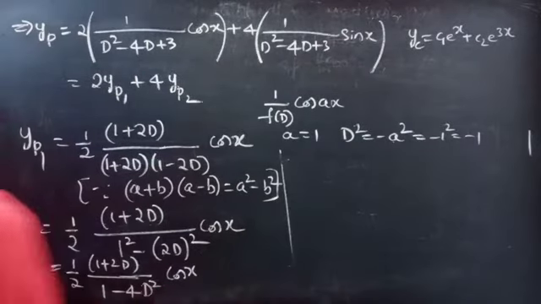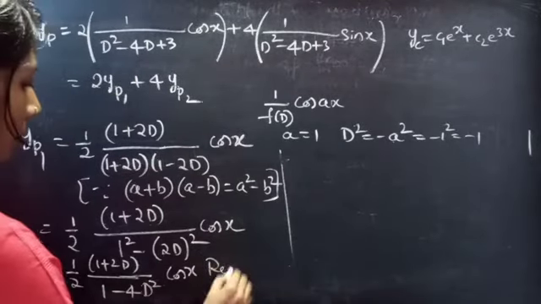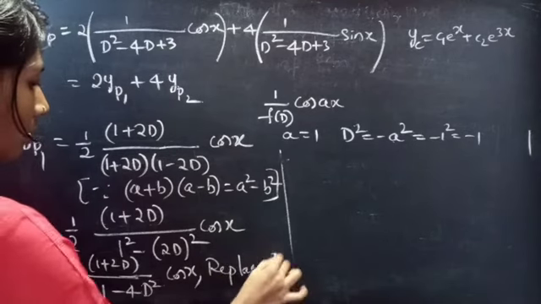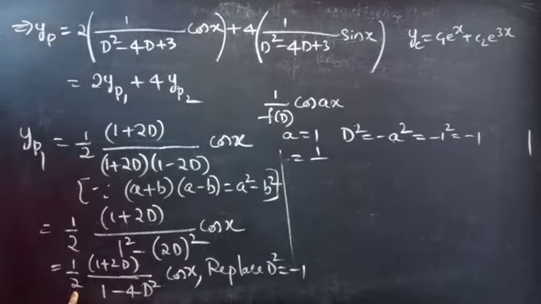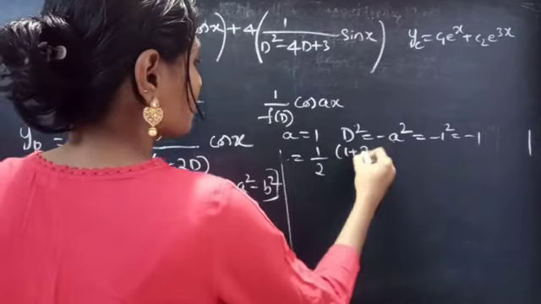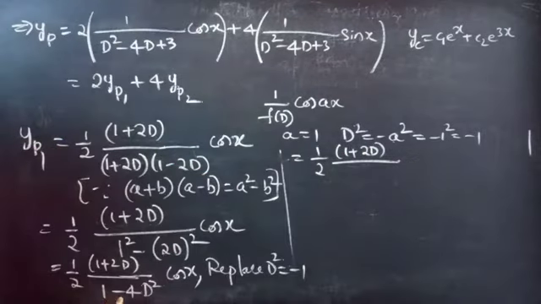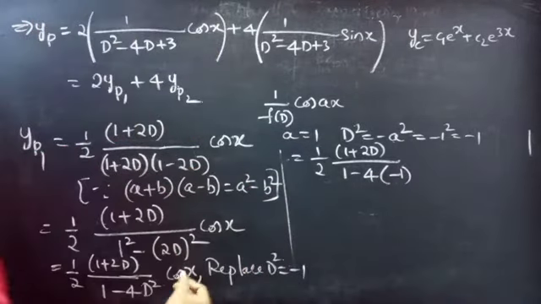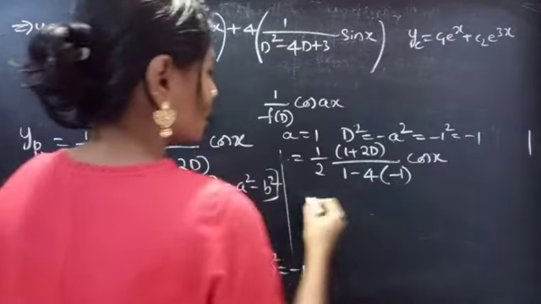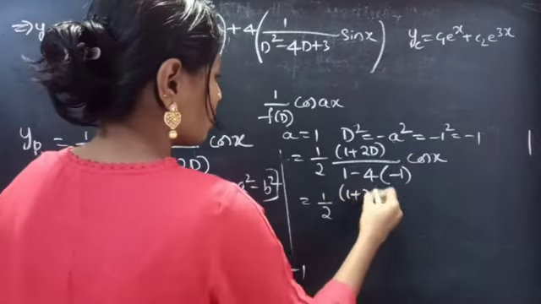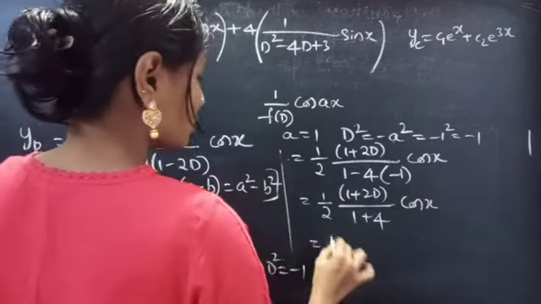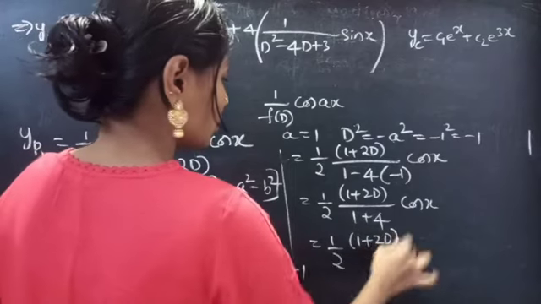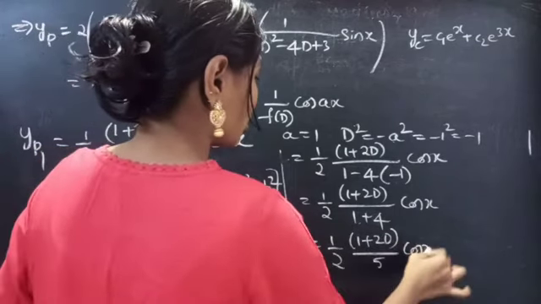So what we can do, we can just replace d square by minus 1. Then yp1 becomes 1 by 2 into 1 plus 2d by 1 minus 4 into replace d square by minus 1 into cos x equals to 1 by 2 into 1 plus 2d by 1 minus into minus plus 4 into cos x, which is equals to 1 by 2 into 1 plus 2d by 1 plus 4, 5 into cos x.